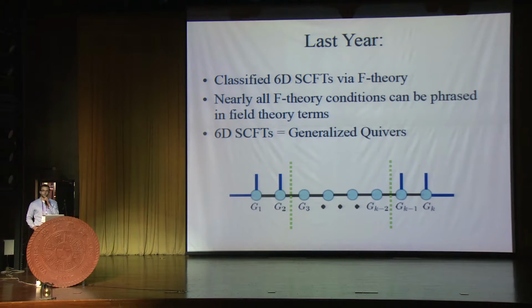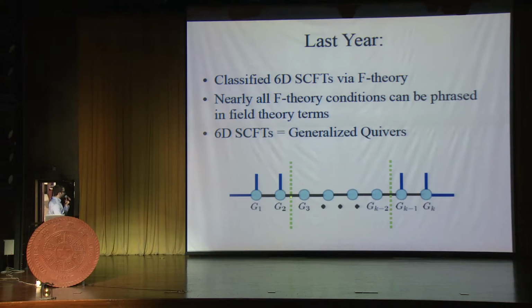So if you were at Strings 2015, you heard a couple of my collaborators and I discuss the classification of 6D superconformal field theories. And the result is that 6D SCFTs all take the very simple form of these generalized quivers. So in this diagram, these blue circles indicate tensor multiplets, which are paired with gauge groups.